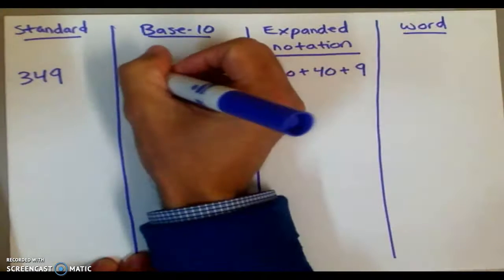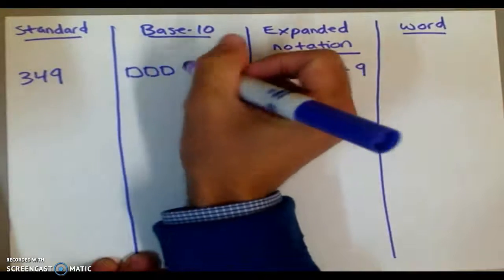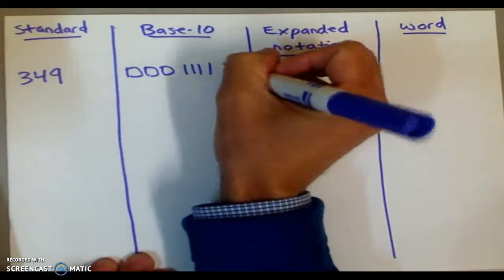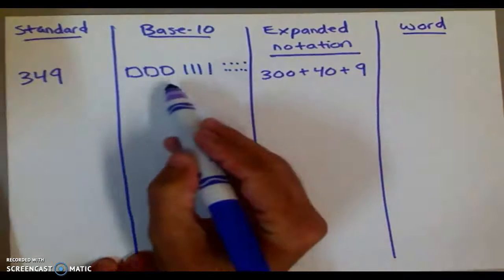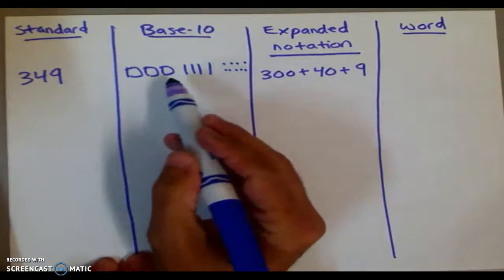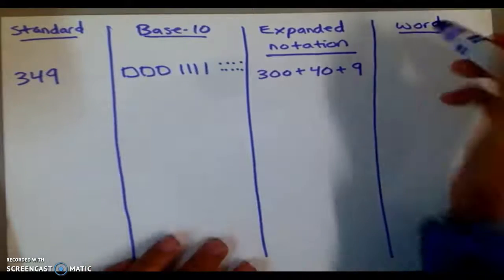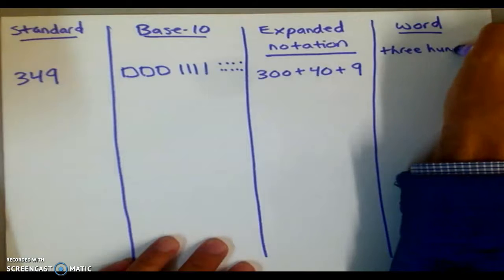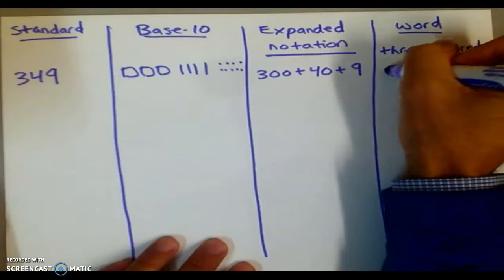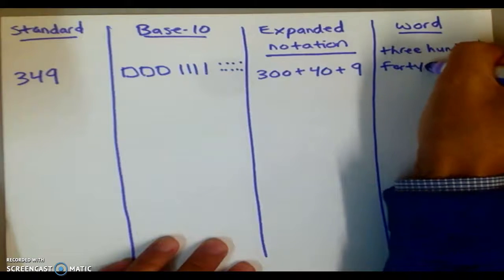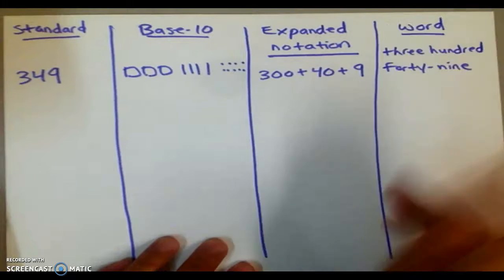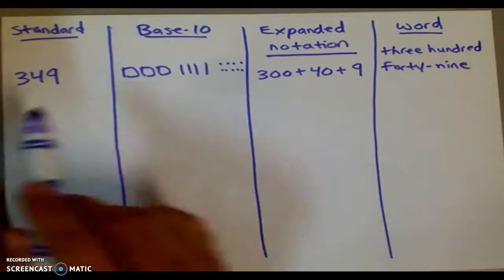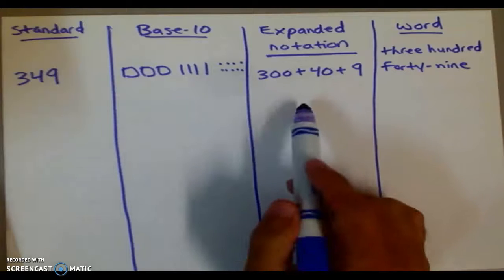Base 10 would be 349. 1, 2, 3, 4, 5, 6, 7, 8, 9. You'll have to write the base 10 a little bit smaller, right, so you can fit it in. And then word, 349.